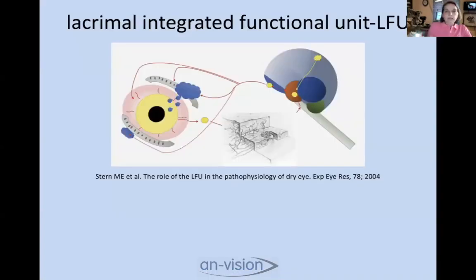This is just showing again what we just said. We have the ocular surface, we have the lacrimal gland and the brain, and we have an afferent pathway, which is the trigeminal nerve, and it's shown here in this graph. And you remember that those trigeminal nerve endings sit up into the epithelium, right in the epithelial cells.